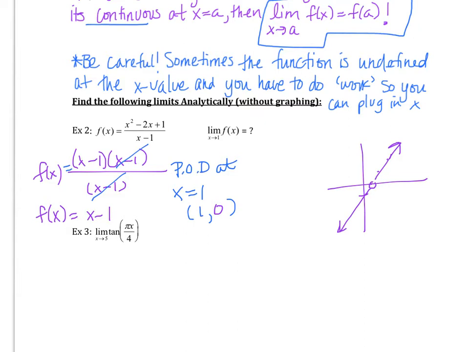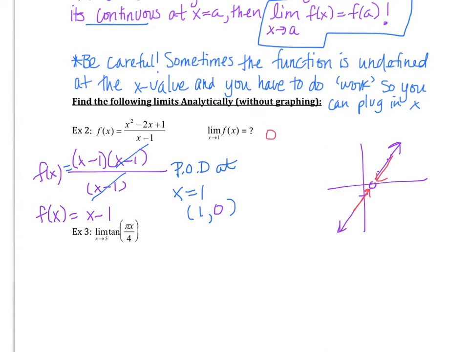Now, we learned the other day that a limit is the value that the function approaches from the left and from the right. And as we look at this, as we approach 1 from the left, we are approaching a y value of 0. As we approach from the right, we approach a y value of 0. So even though I am not allowed to directly plug in 1 into my original function because it is undefined, I can still find my limit.